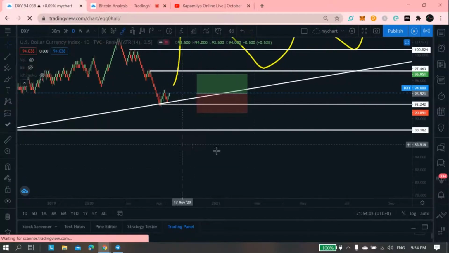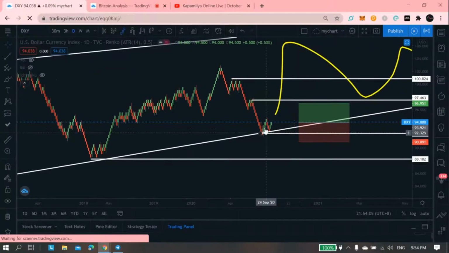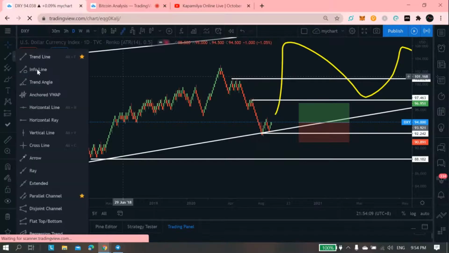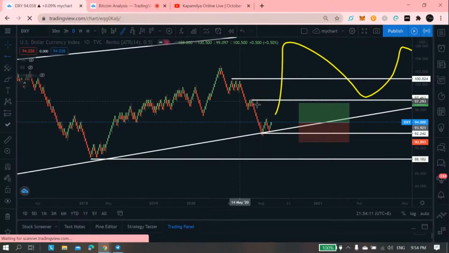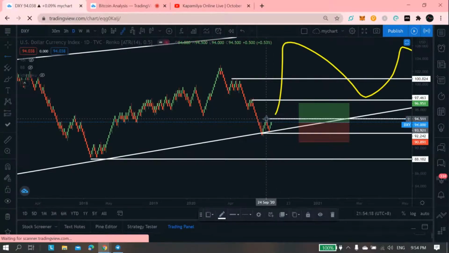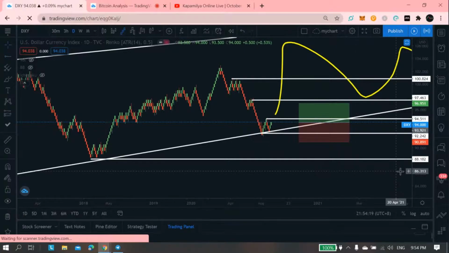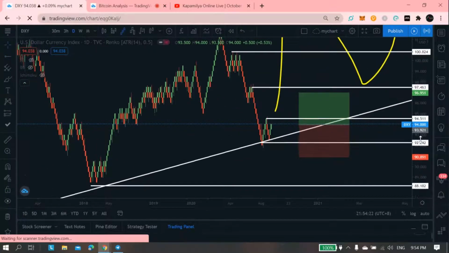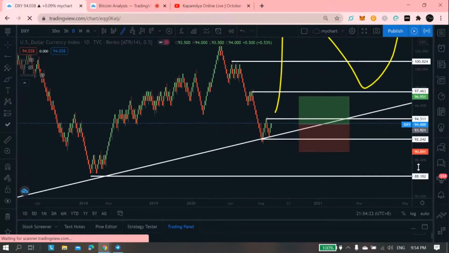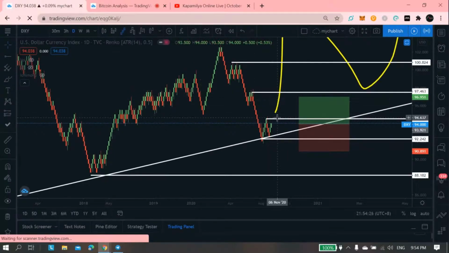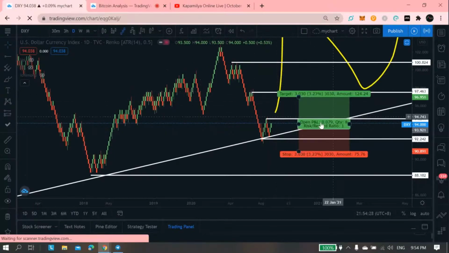Okay, almost the same with the candlestick. I did not see this one before, but there is an immediate resistance around the 94.51 before this 97 area.